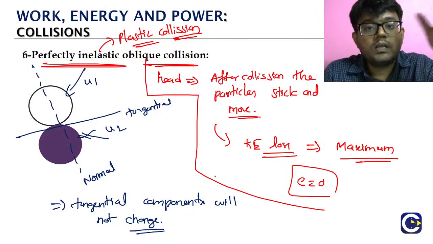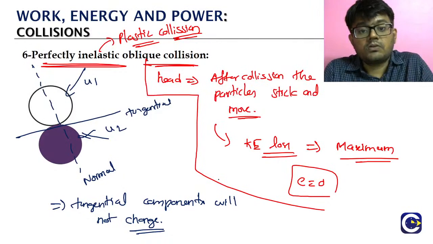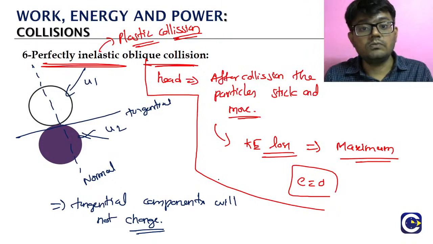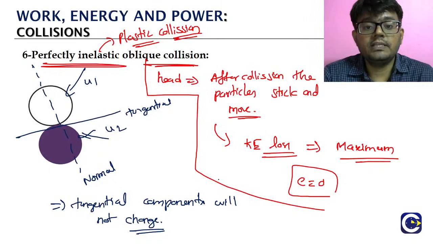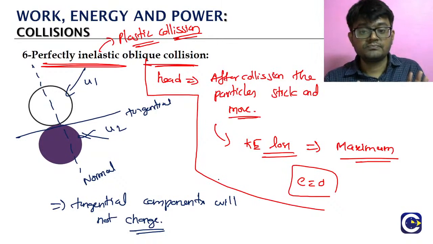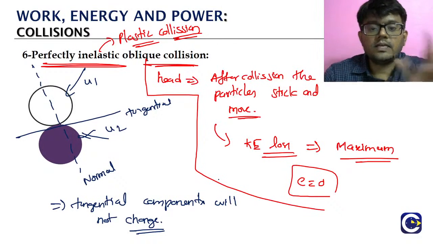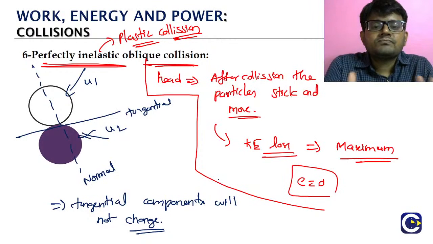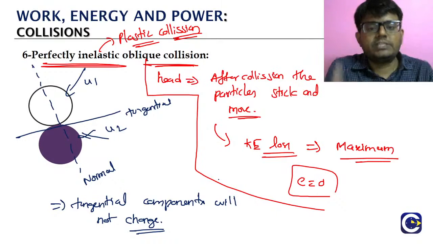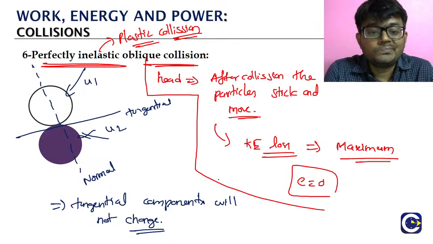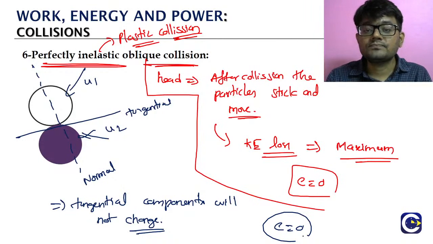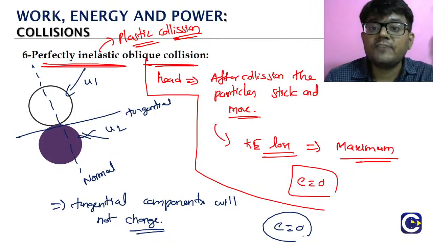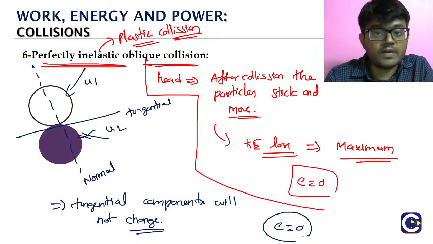Whether it is a perfectly elastic oblique ஆகட்டும் or inelastic oblique ஆகட்டும் or perfectly inelastic oblique ஆகட்டும், so எல்லாத்துலயும் the components along the tangential will not change. ஏன்னா the impact force ஓட இது it is not going to be acting along the tangential line. அப்படி சொன்னா then think about it, what will be the maximum kinetic energy loss situation here? இங்க என்ன தெரியுமா, the maximum kinetic energy loss situation will be when E is 0. E is 0 means what? So E here will be calculated only for the normal direction components of velocity.